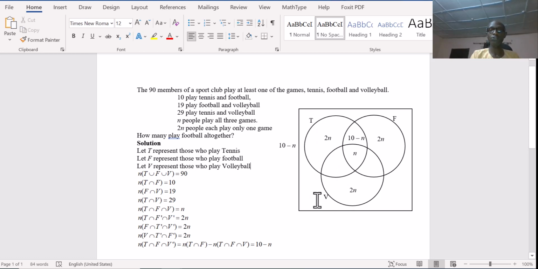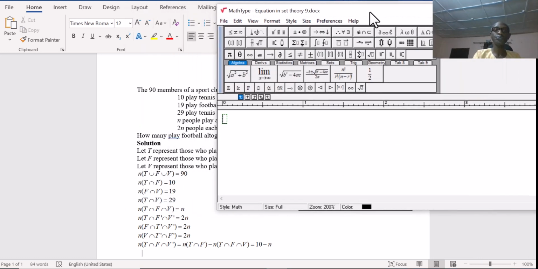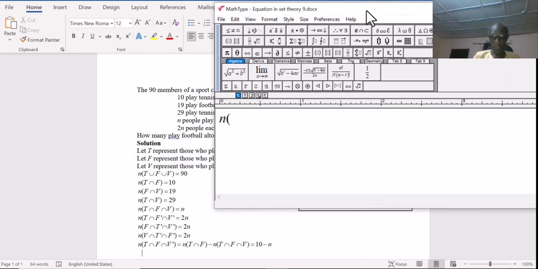Tennis and volleyball. Okay, let's take it like this. Those who are playing football and volleyball, we have been given that to be 19. So I'm going to do that. So we have F intersection V equals, so now they play tennis, they play volleyball and tennis and not tennis.